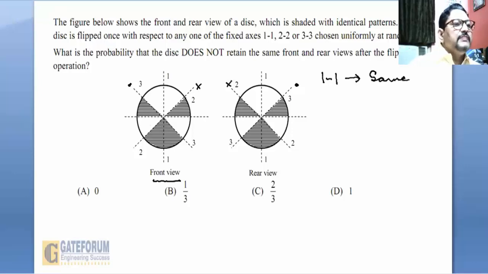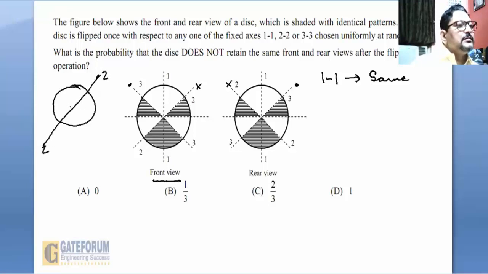Now let us try flipping along the 2-2 axis. If we flip along the 2-2 axis, let us write it down here. See, this is the 2-2 axis. We are flipping around here. So how do we do this? See, the original scenario is this.